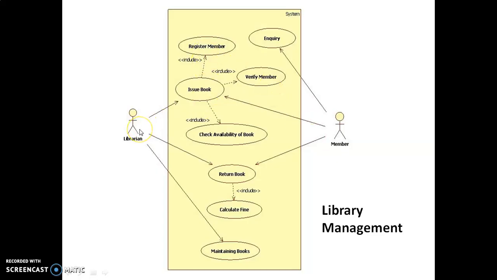The main functions performed by the librarian are issue a book, return a book, and maintaining the books. Here the relationship shown is include, a dotted line arrow. Include means one use case may include another.